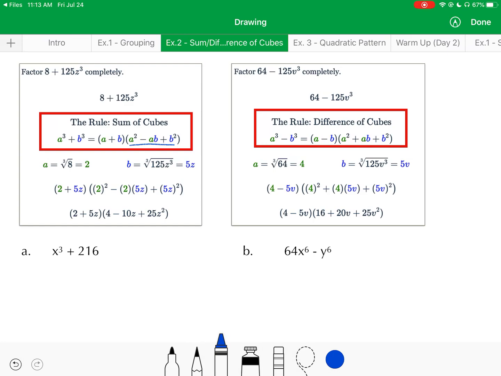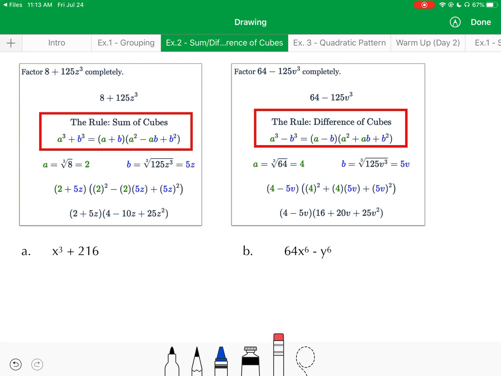All right. For the difference of cubes over on the right-hand side here, notice it's essentially the same pattern. A cubed minus b cubed will factor to a minus b multiplied by a squared plus ab plus b squared. So really the only difference here is some of the signs on the terms, okay?